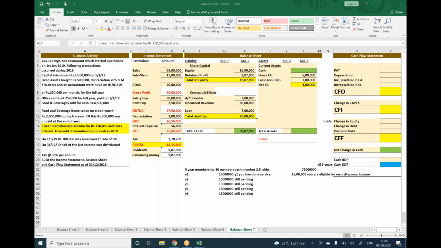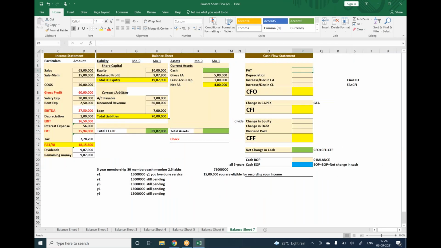Let's start solving the cash flow. Can anyone help me out? What is the answer? What should be profit after tax here? Is it going to be 18 lakhs or 9 lakhs?